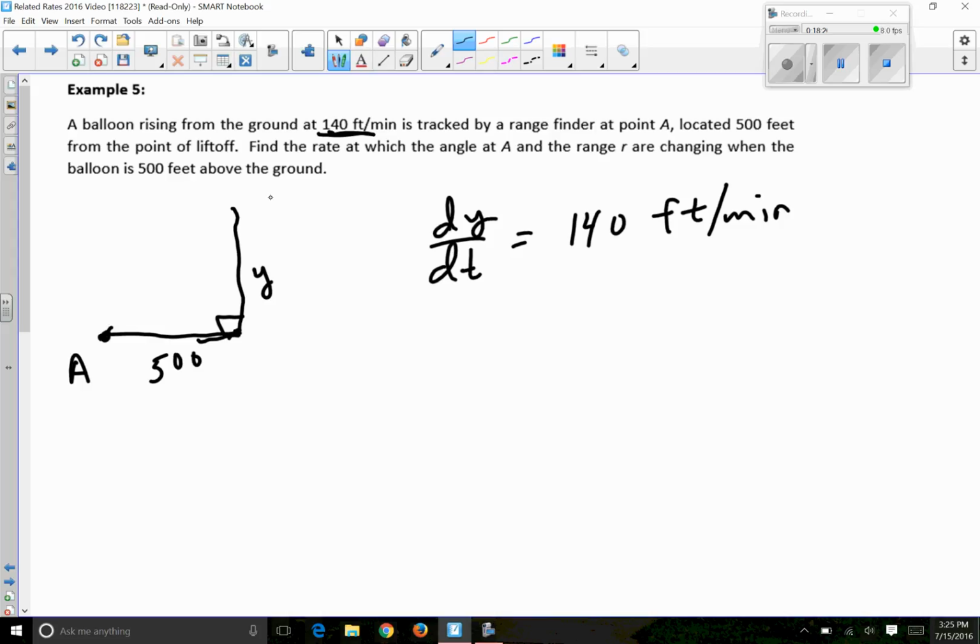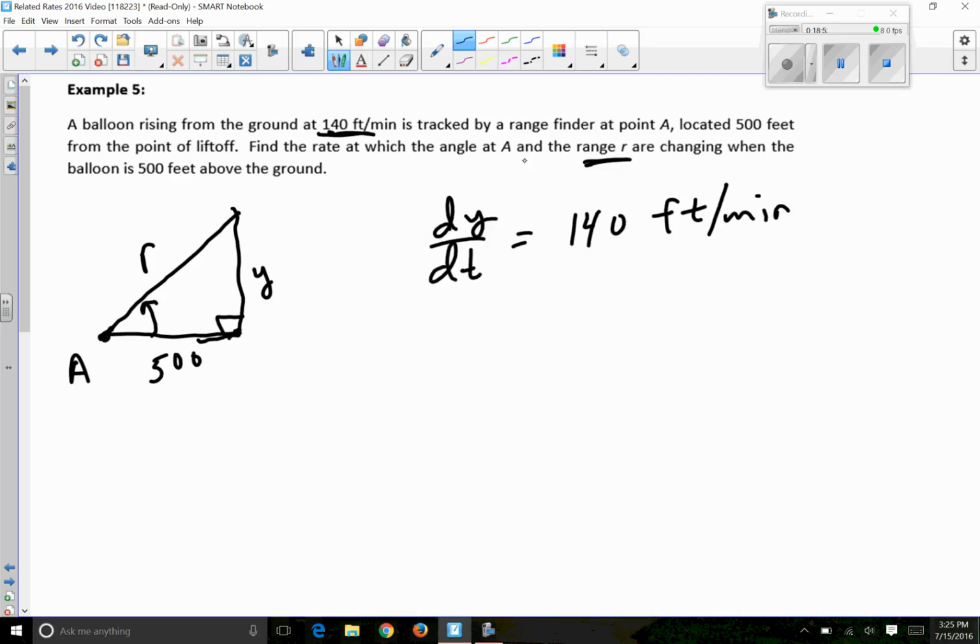From this point, find the rate at which the angle at A and the range r, by that they're talking about this distance on this hypotenuse. Find these two rates when the balloon is 500 feet from the ground.